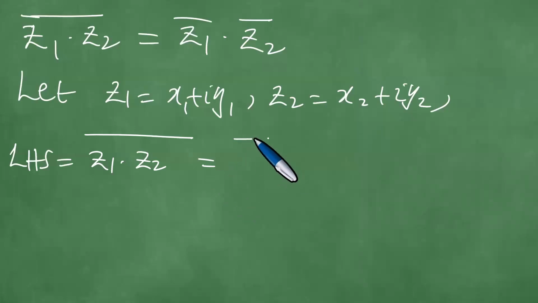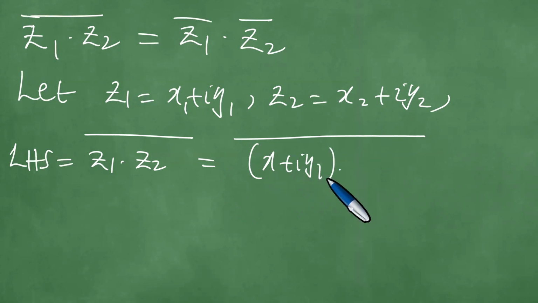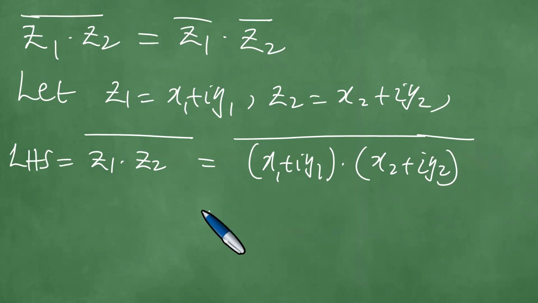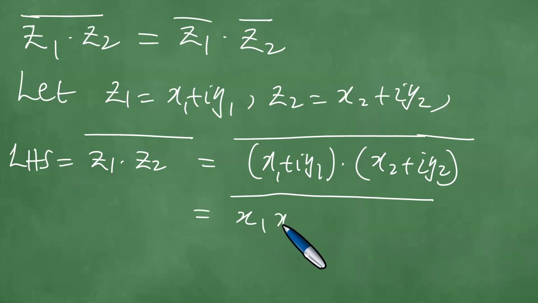Z1 is X1 plus iY1, Z2 is X2 plus iY2. Now what do we do? You take this and multiply everything underneath, which is X1 X2.